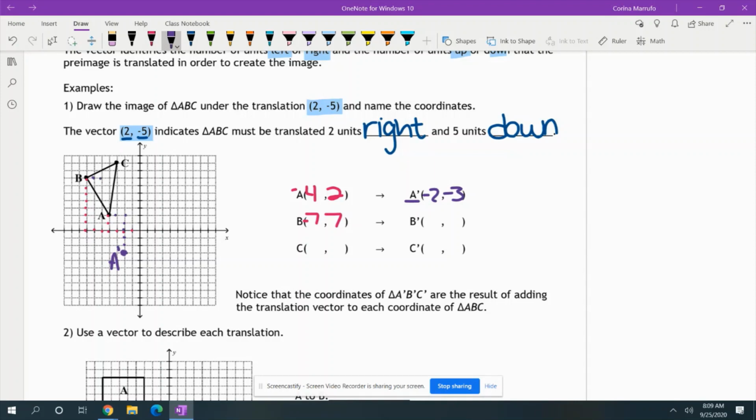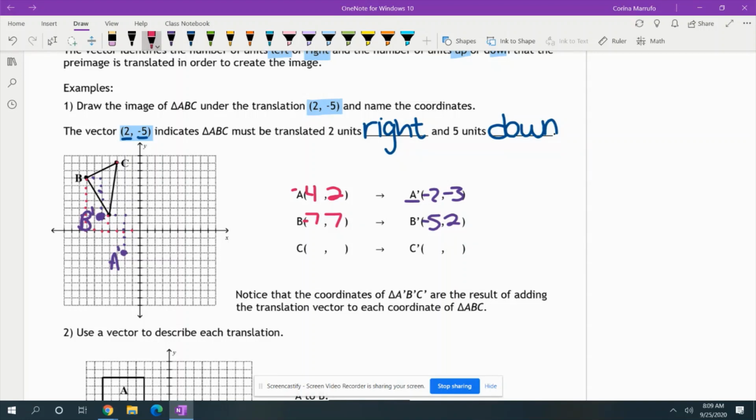So we're going to go 2 to the right and down 5. 1, 2, 3, and 5. And this would be the new point for B. So we call the new one B prime. The little apostrophe means that that's the new. All right, so that coordinate is going to be 1, 2, 3, 4, 5, 2. So -5, +2.